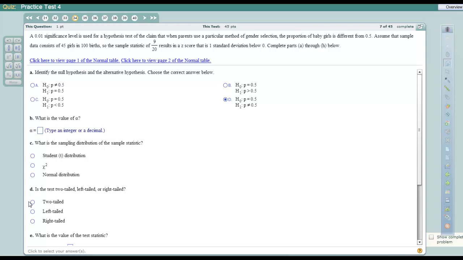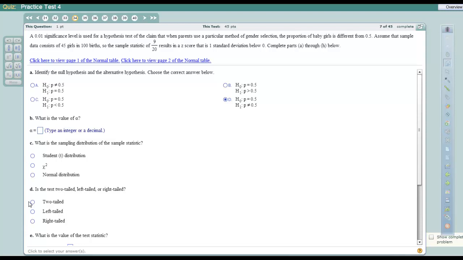What is the value of the test statistic? What in this information is the test statistic? Nope, but you're getting closer. 1. When we take what we saw in our sample and convert it to that z-score, that's the test statistic.